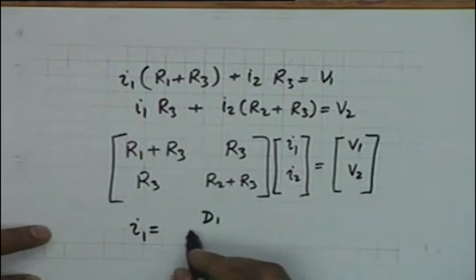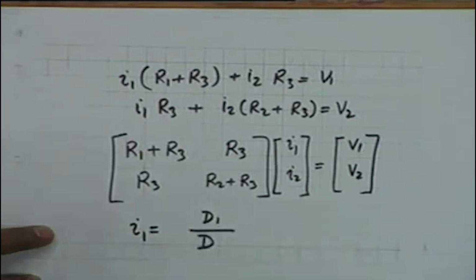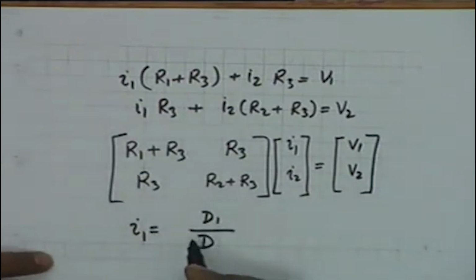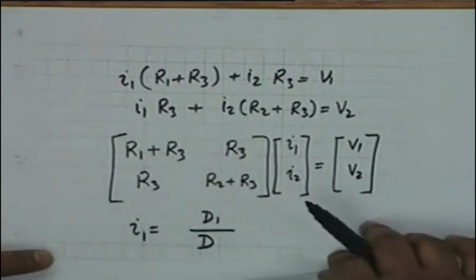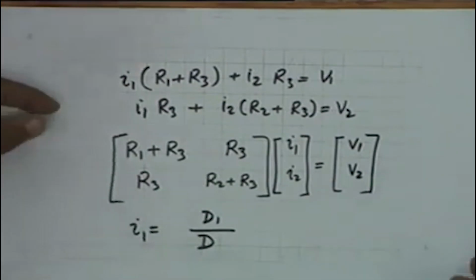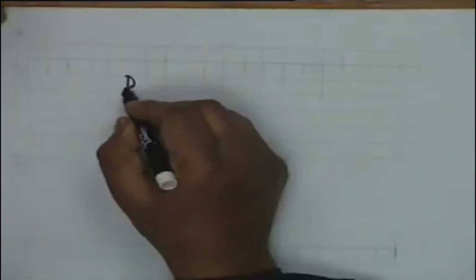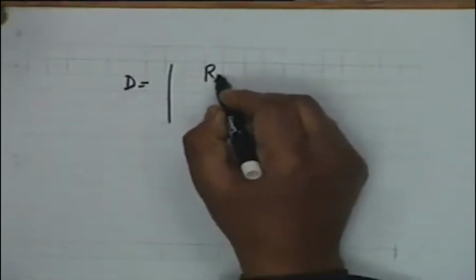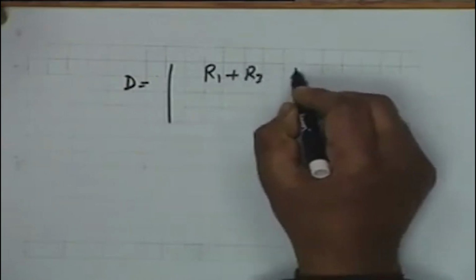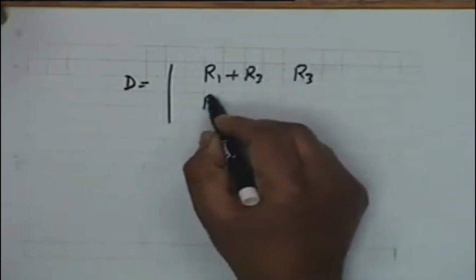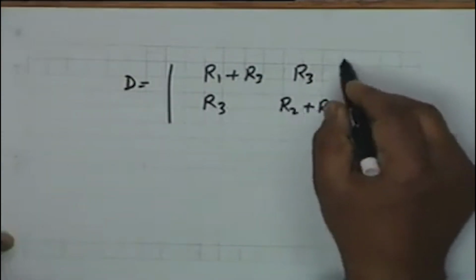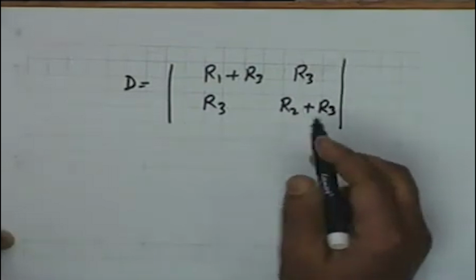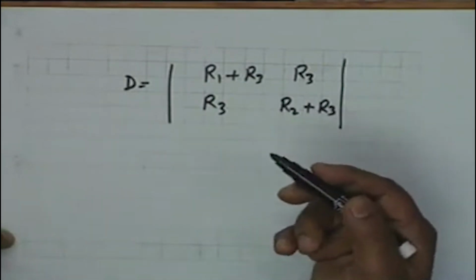D1 divided by D, where D stands for the determinant of the coefficient matrix, that is D is given by R1 plus R3, R3, R3, R2 plus R3. This is the determinant of the coefficient matrix, and you know how to evaluate determinants.